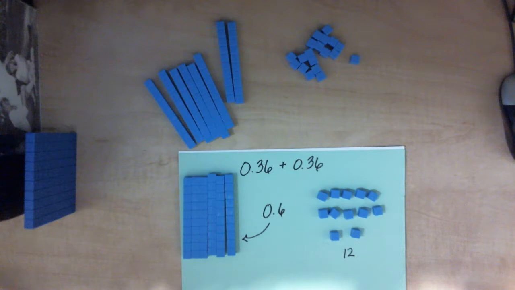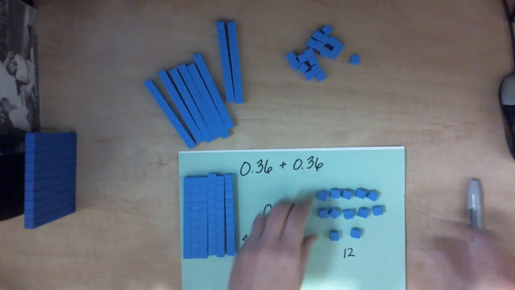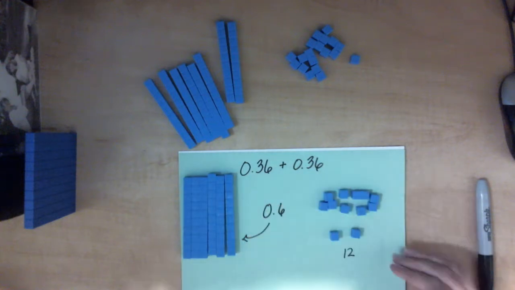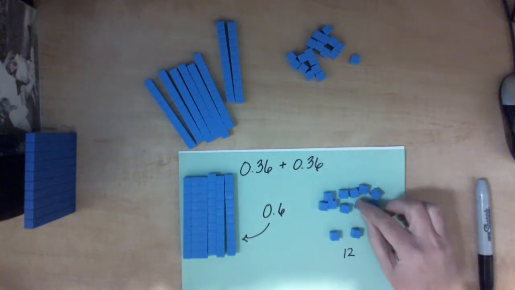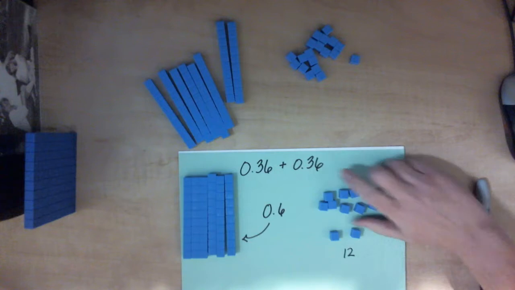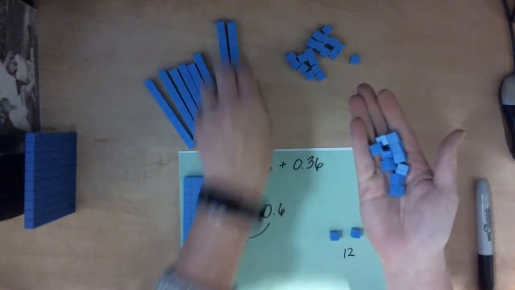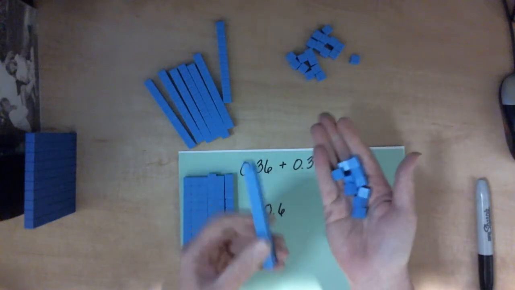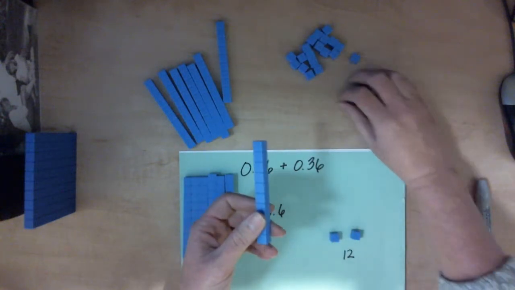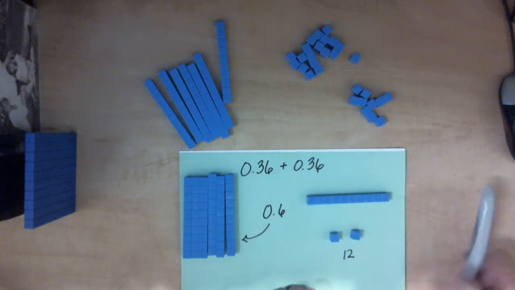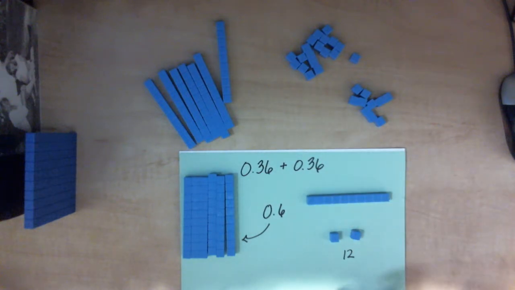You know, as an adult, we jump right there and get into the exchange piece. But let the students work with that. And then when they say, oh, yeah, I can take these 10 hundredths and exchange it for a tenth, have them tell you why that works, and then say, okay, so then how would I write this?